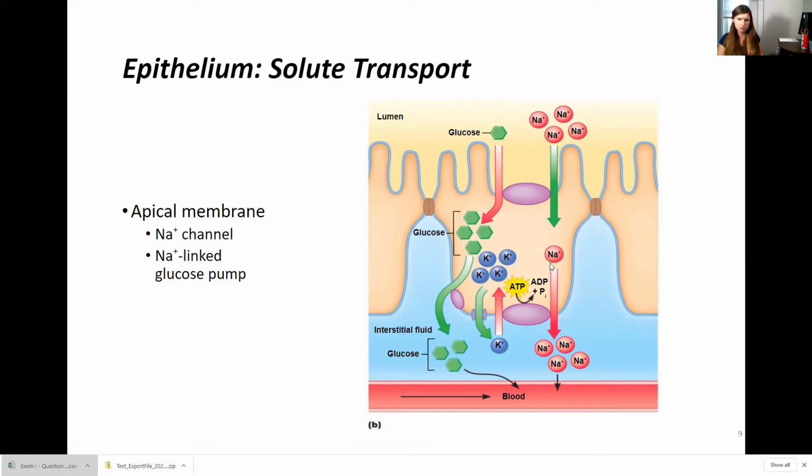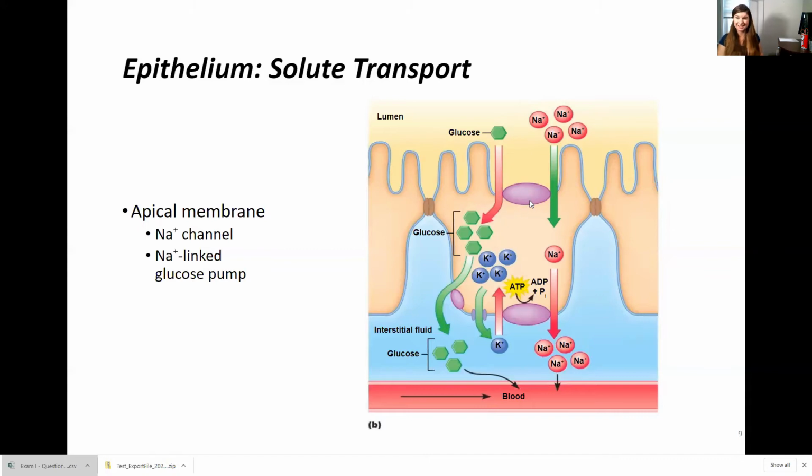So when we have this low concentration of sodium in the cell, sodium can then move passively across its gradient on the apical membrane, because we'll have higher sodium in the lumen than in the cell because we've been pumping all our sodium out.